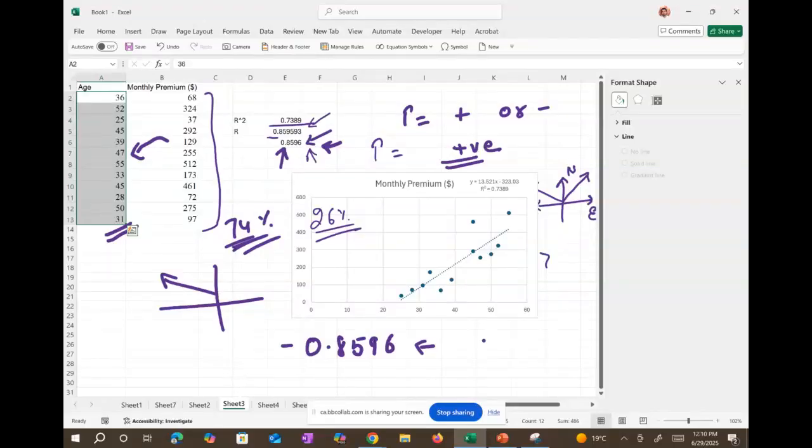They may depend upon some other factor, something like the person may be smoking, maybe the person has other illness problems, other health issues, so there are other factors which we need to look into for justifying the remaining 26% of the values. So hopefully you were able to understand the meaning of R square.